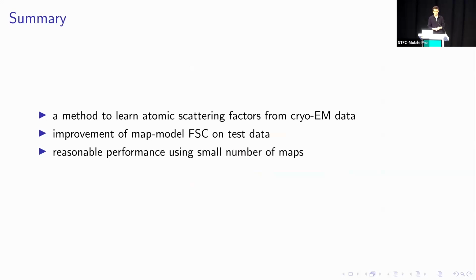And finally, we get reasonable performance using a very small training set. And that's encouraging because it means that in future, we could apply this algorithm in order to calculate scattering factors from just a single cryo-EM map, for example, and use that to try to infer some effects of interesting atoms or functional groups.